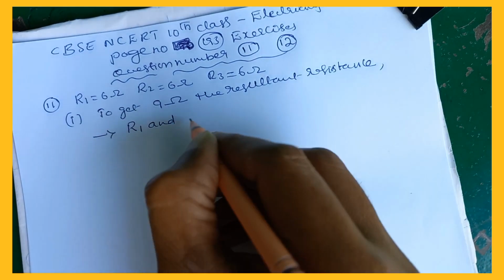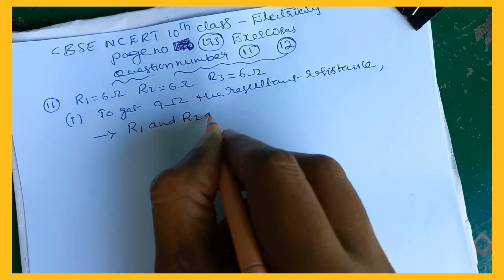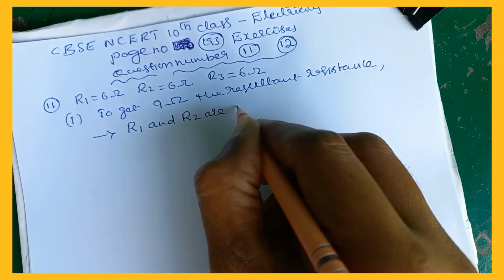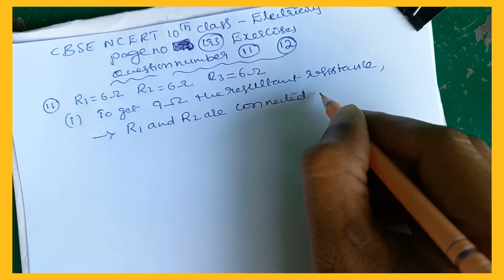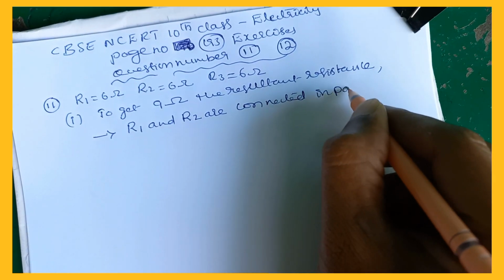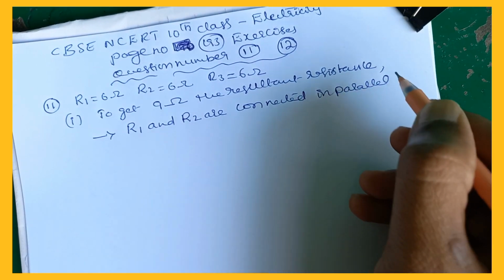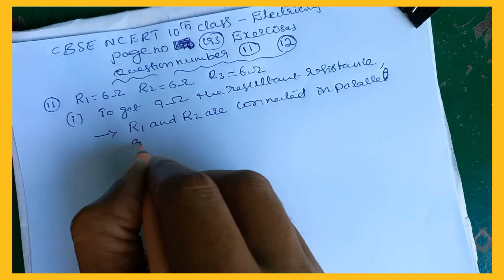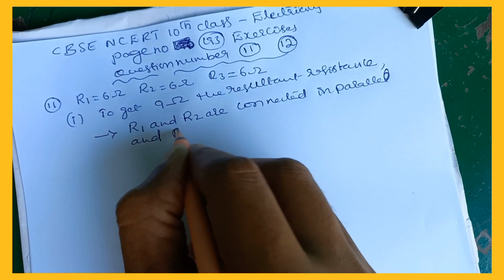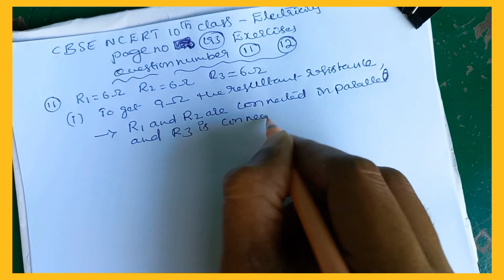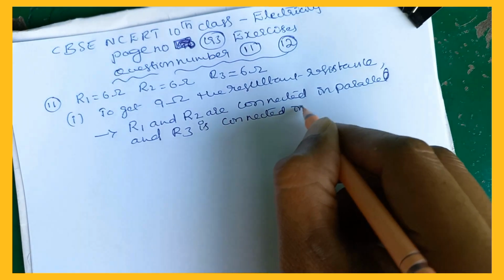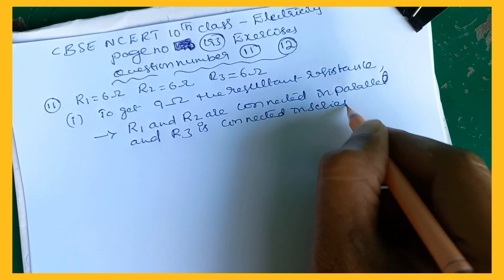R1 and R2 are connected in parallel and R3 is connected in series.